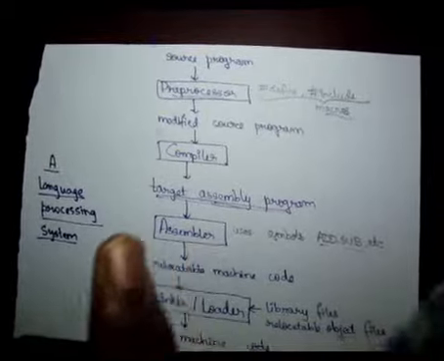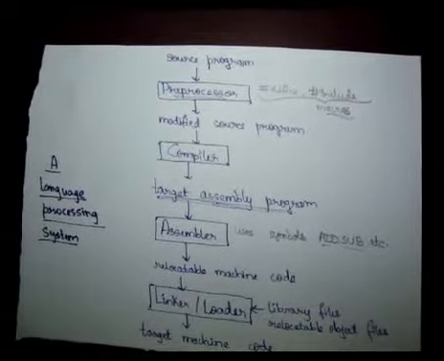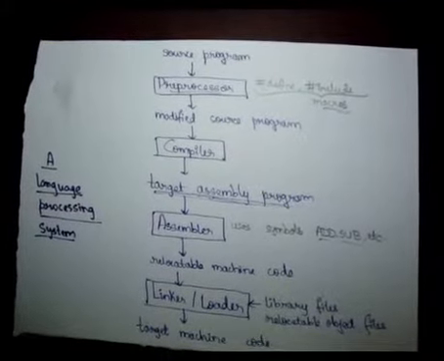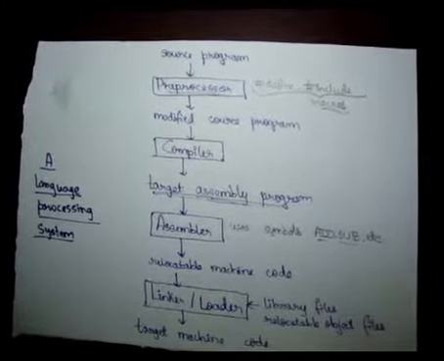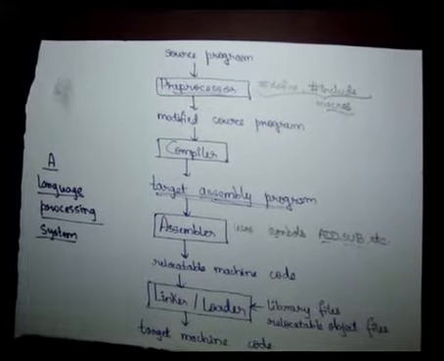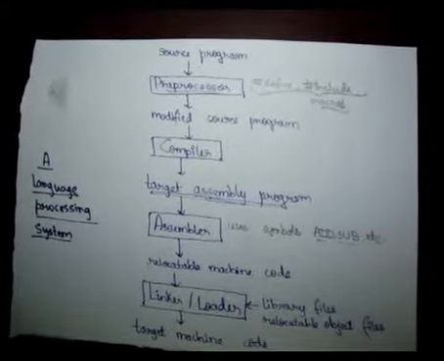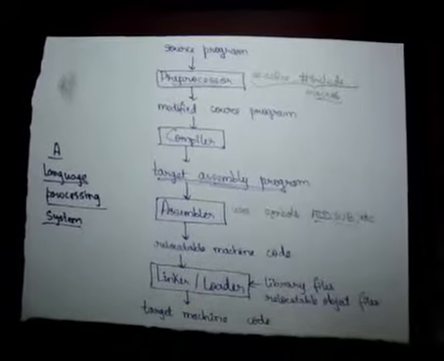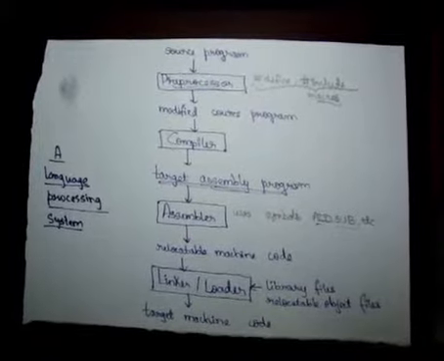As large programs are often compiled in pieces, the relocatable machine code might have to be linked to other relocatable object files or library files, which are actually used to generate the target machine code. So what's happening here?